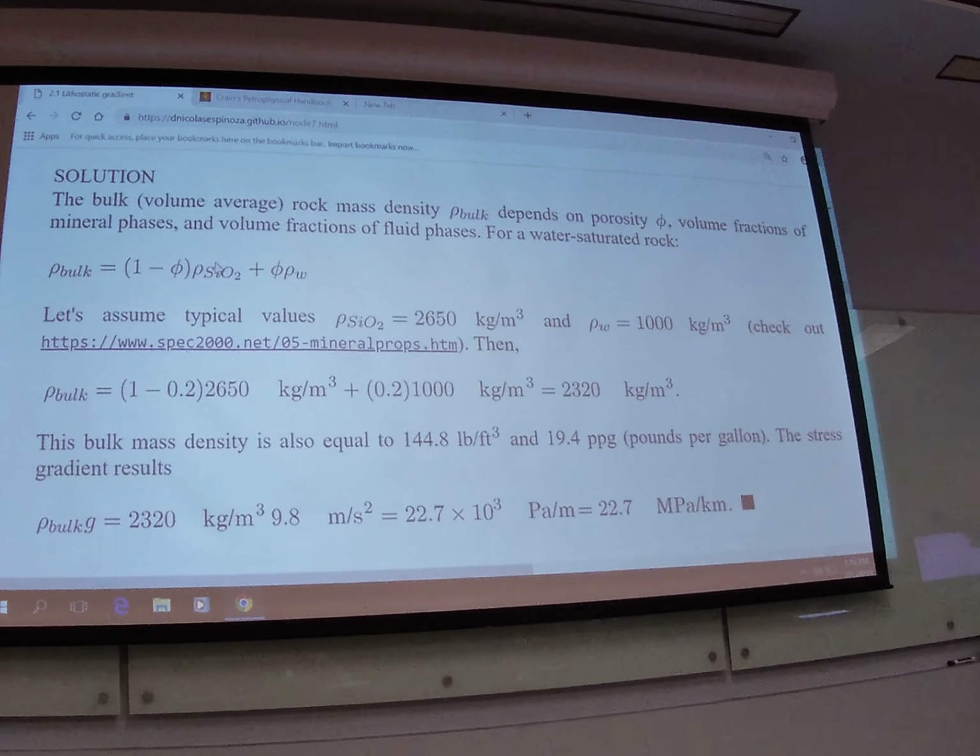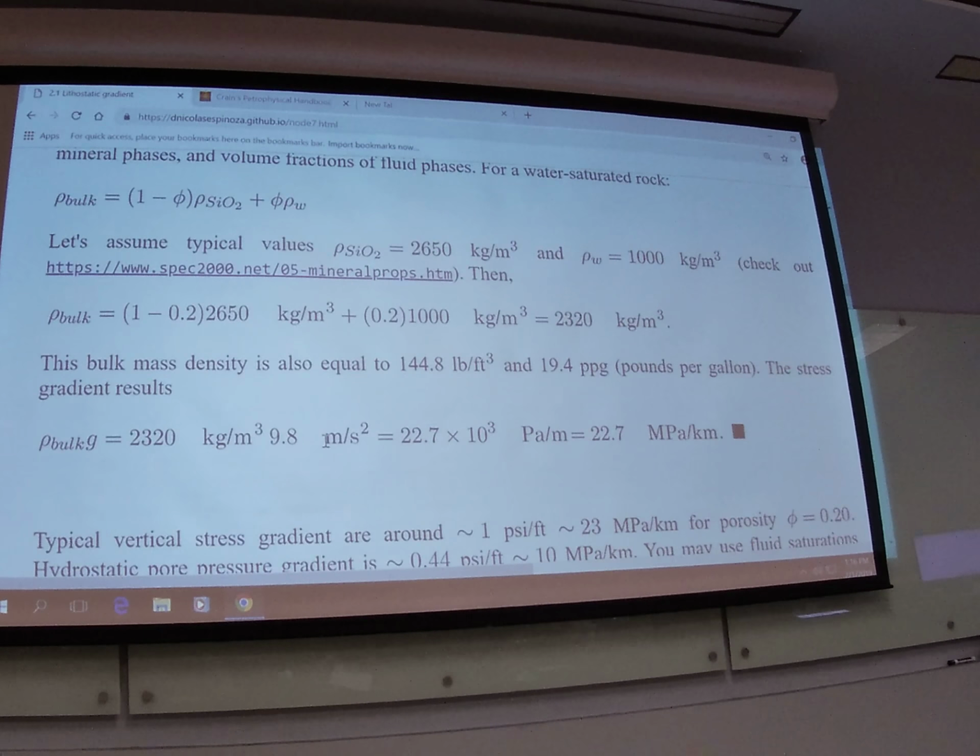So what was it, 30% dolomite or 30% calcite? 30% calcite. So then you should do 0.3 times density of calcite plus 0.7 times density of dolomite. That will give you the density of the matrix of the mineral, and you get the bulk, and then you multiply the bulk times g, and that's going to give you the gradient.